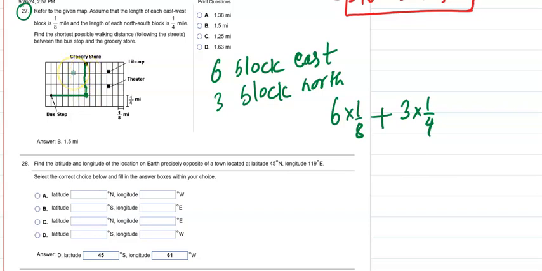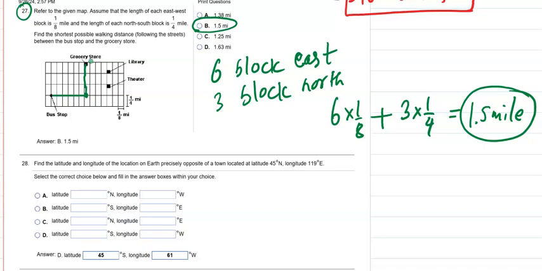So if you multiply and add, you get altogether 1.5 miles. So to go from here to here, walking through the streets, you travel 1.5 miles altogether. That's question 27.